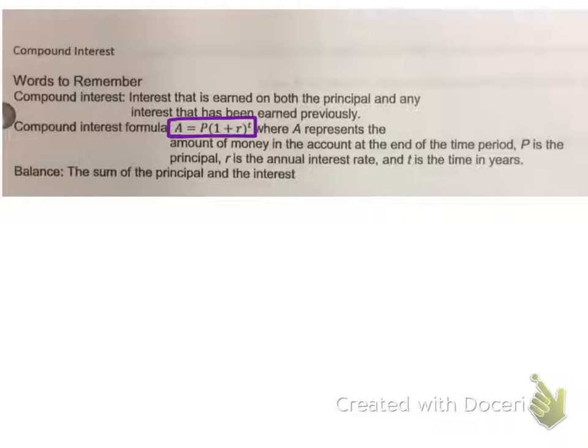So what they're doing here is they're introducing a new formula for compound interest. So if we went back to that first chart that I put up there, was it Ben who had $500? Okay, Ben was not getting compound interest because he put in $500 and then he only made $20 each year. Compound interest is where you make interest on your interest.